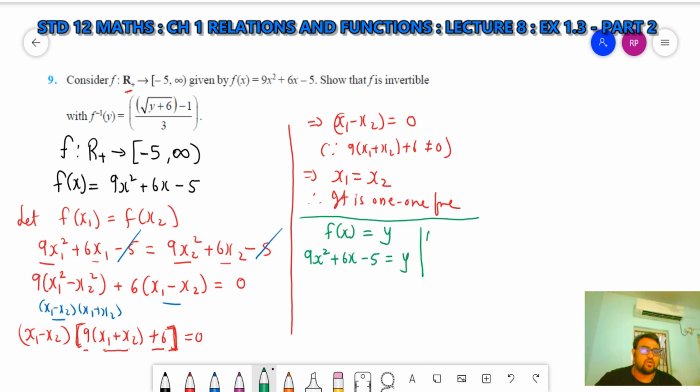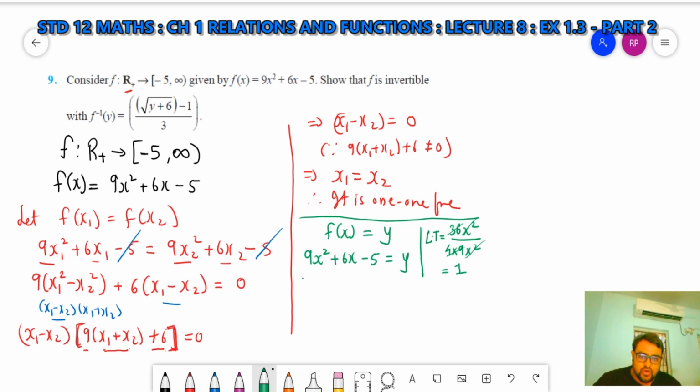The formula for the last term is the middle term square upon 4 times the first term. The middle term here is 6x, so (6x)² upon 4 times 9x². The x² cancels, and 9 fours are 36, so 36 cancels with 36. So it is equal to 1.